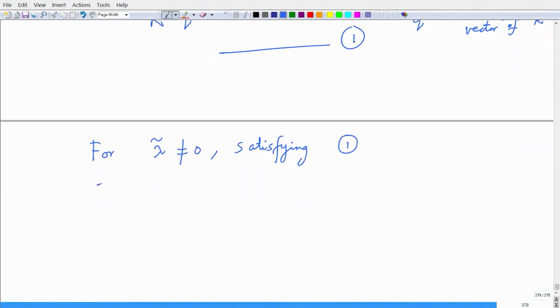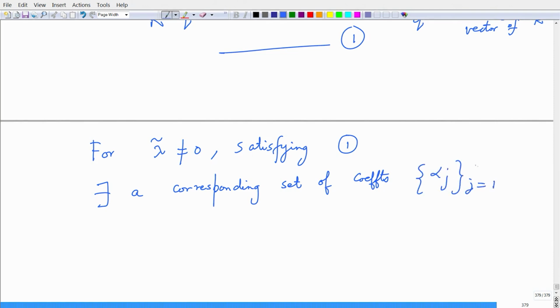There exists a corresponding set of coefficients alpha j, j equals 1 to capital N, so that I can express q tilde as a linear combination of my elements in the feature space.